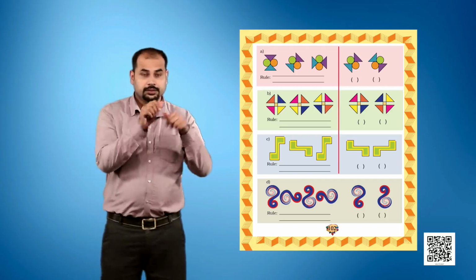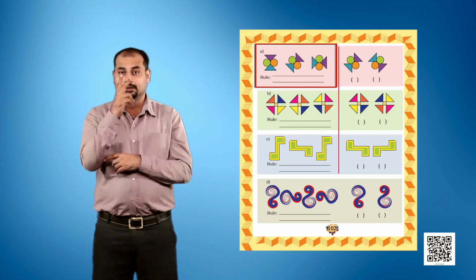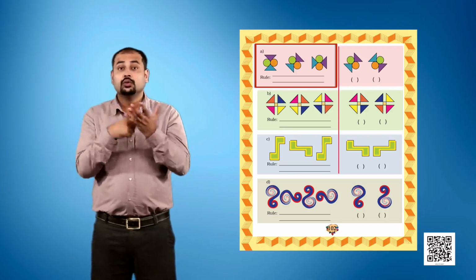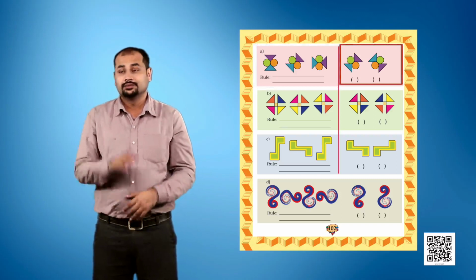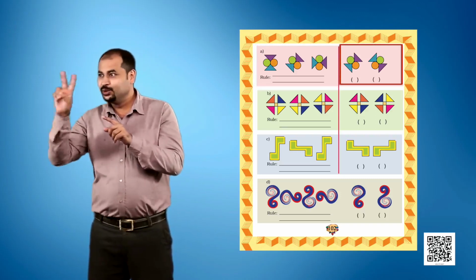A. 3 pictures of a block show the rule, which you have to write down in the space provided. And you have to choose what comes next from the right options.